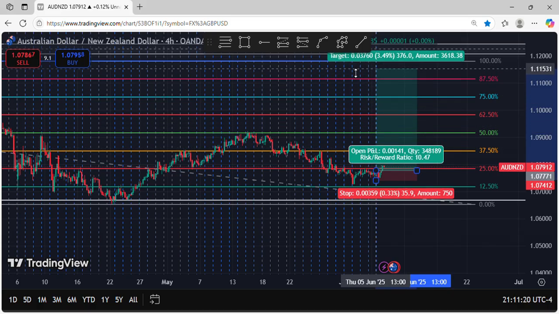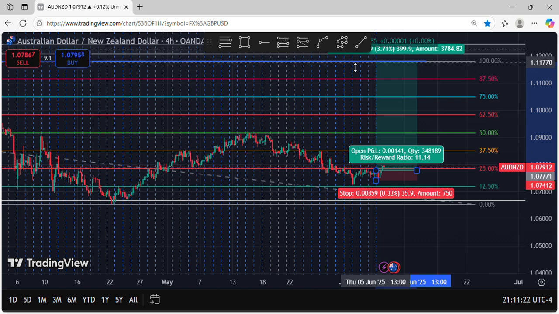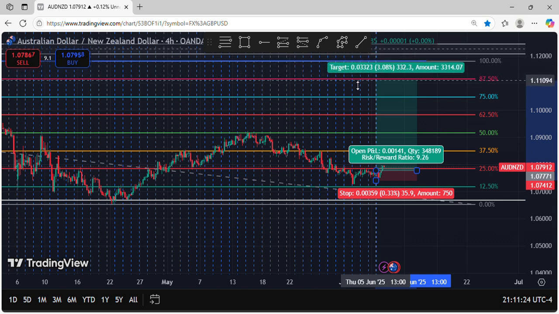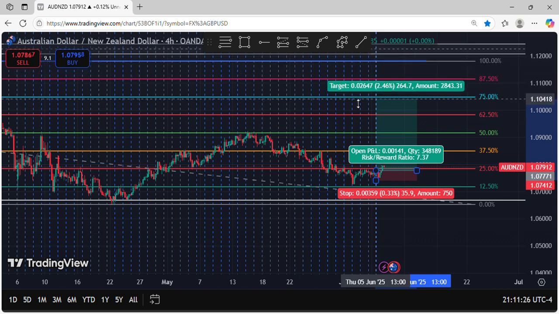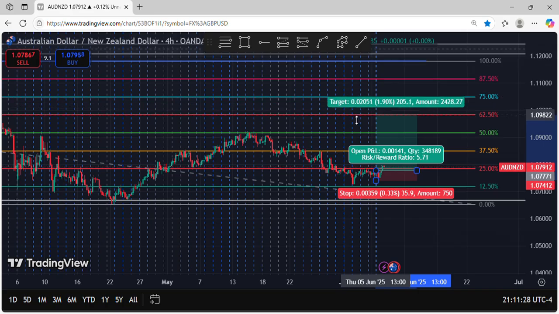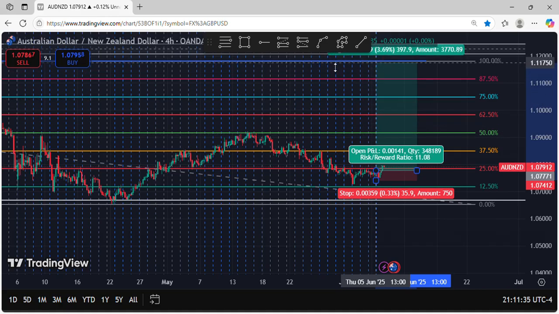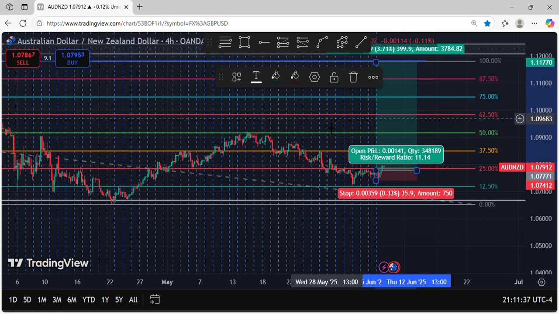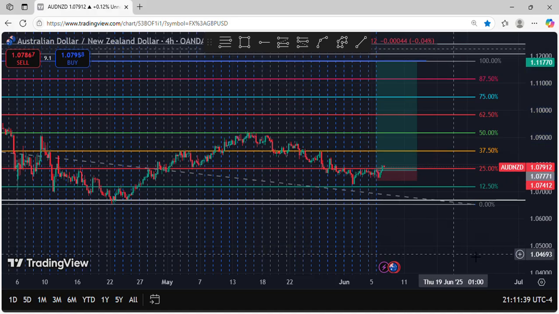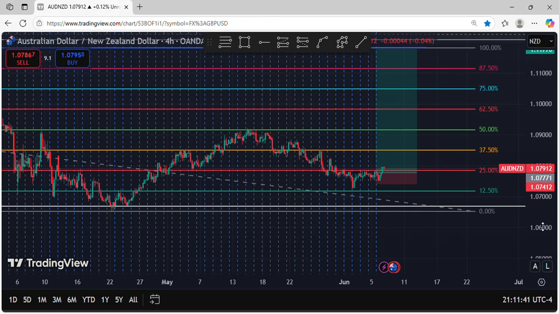But then the ideal thing is we are going to hit this place. That's a 1:11. You will take your profit here. Before we get to that, you could take profit here, here, or here. 1:3, you can have a 1:2, but this is a wild trade, guys. And so I think this is the last pair.